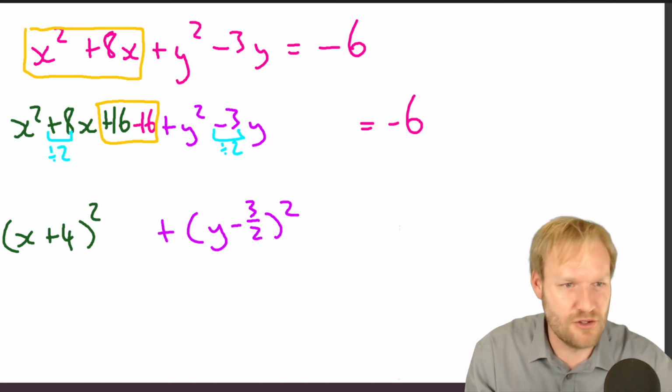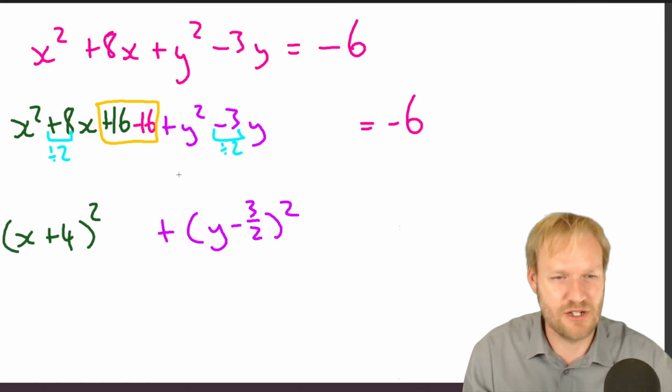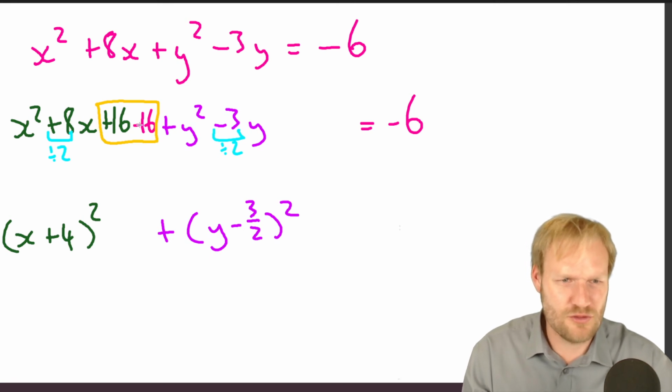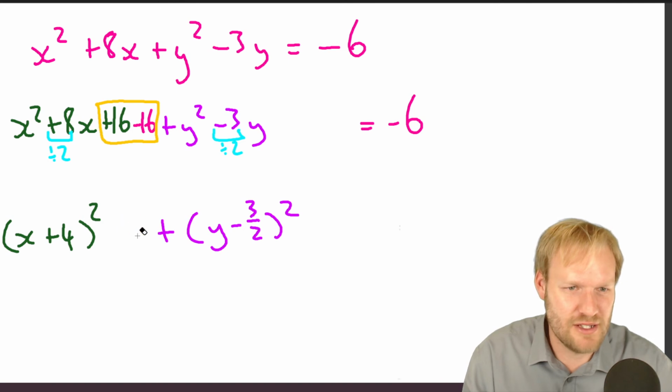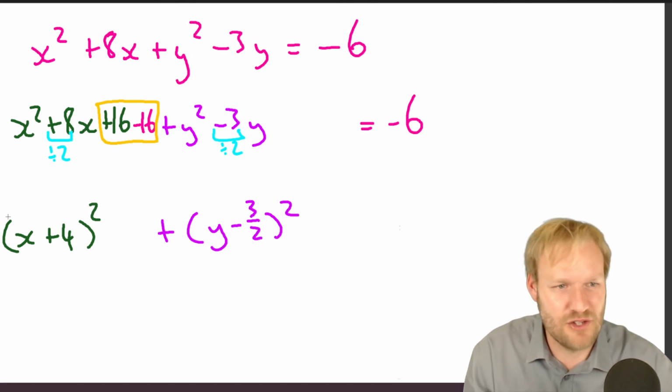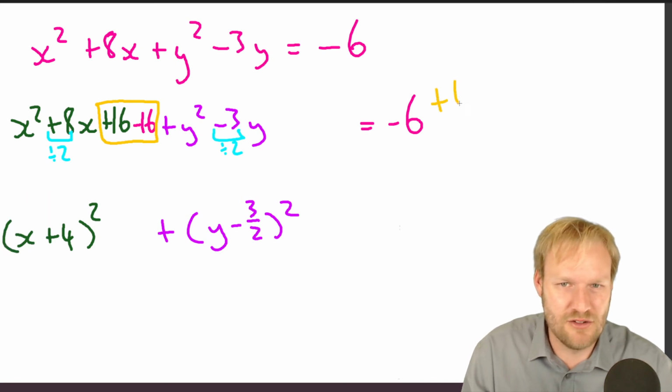Okay, then we've got that plus 16 minus 16. So I could write minus 16 over here, but I may as well save a line and go, okay, well, I don't want a minus 16 on this side, so I'm going to have to add 16 on the right-hand side.